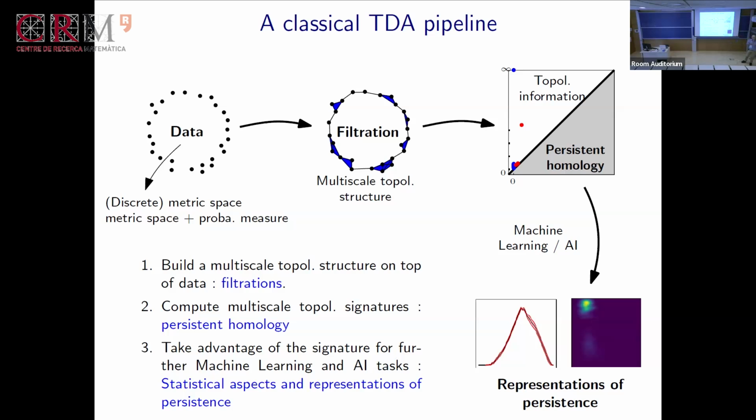So a very naive or simple idea, if you want to start to do some topology, is to connect points that are close to each other. You decide, for each point, who are the neighbors of your given point. In this way, you build what people in data science call a neighboring graph. For example, you can decide to connect all the points that are at distance less than some threshold, or you can decide to connect each point to its k nearest neighbors, etc. And if you do that, you get a graph.